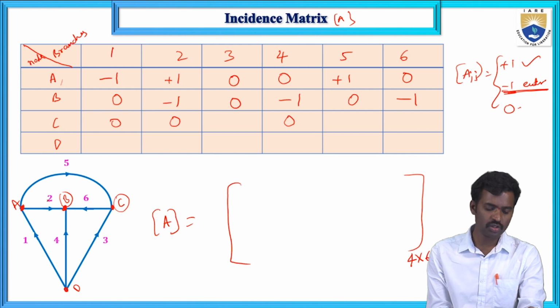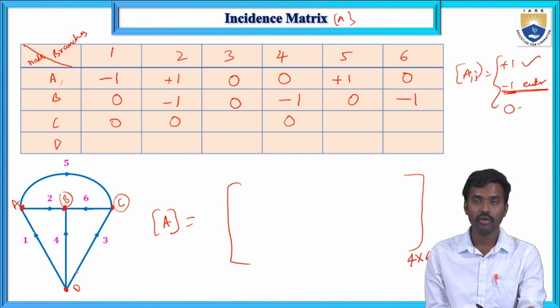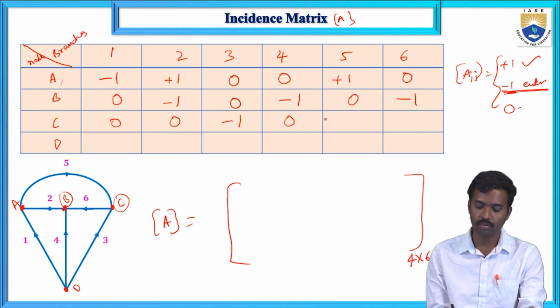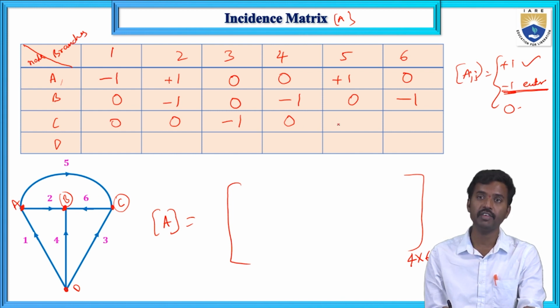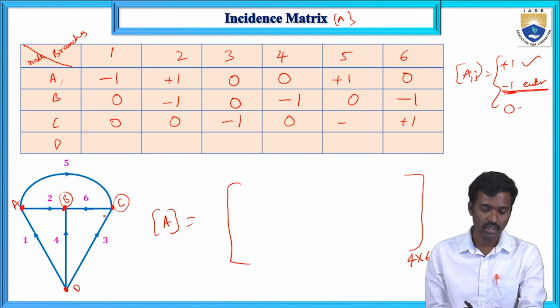Branch 3 is oriented towards C, so this one is -1. Branch 6 is oriented away from the node, so that is +1, and branch 5 is entering, so that is -1.